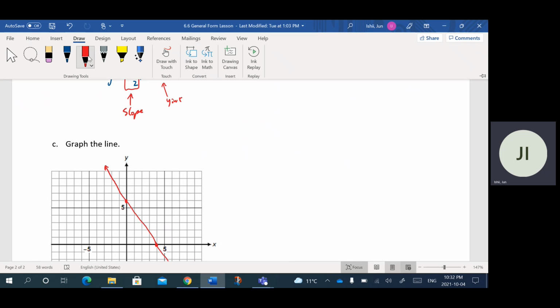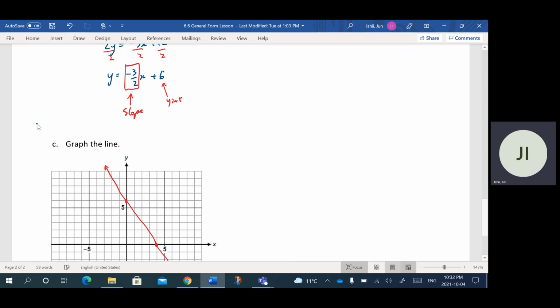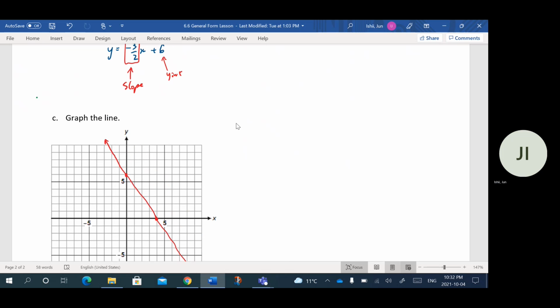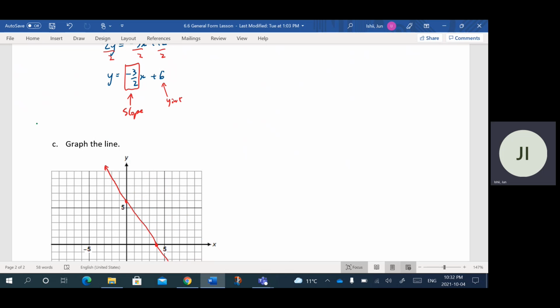Perhaps some green here. I'll show you this one. If you wanted to use the slope-intercept form, I would start at the y-intercept of 6, and then go down 3 and over 2. Once I plot these points with the slope, it does hit this x-intercept of 4.